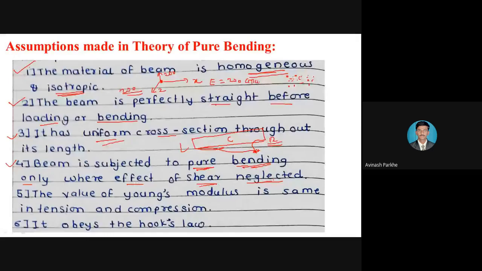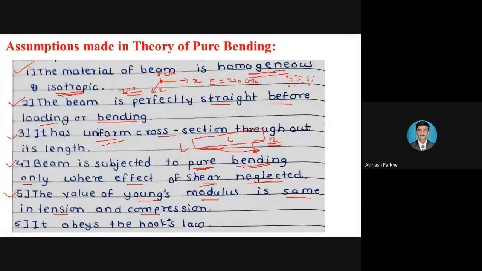Then fifth, the value of Young's modulus is same in tension and compression. We have discussed the nature in the last two figures: nature of bending stresses for the simply supported beam and nature of bending stresses for the cantilever beam.